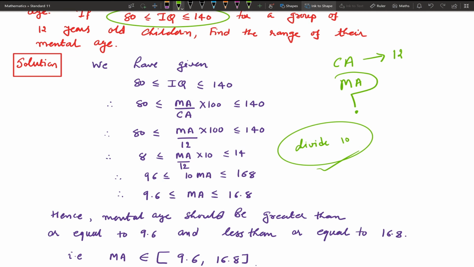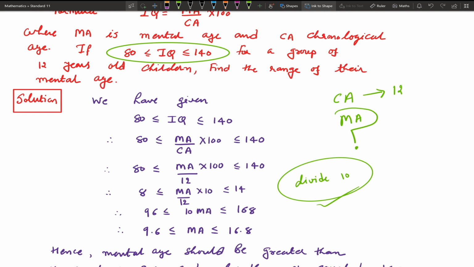So it is very simple. The formula is given for IQ equal to MA upon CA into 100. MA indicates mental age, CA indicates chronological age, and the inequality is already given: 80 less than or equal to IQ less than or equal to 140. Put the value for IQ from the formula, which is MA upon CA into 100.